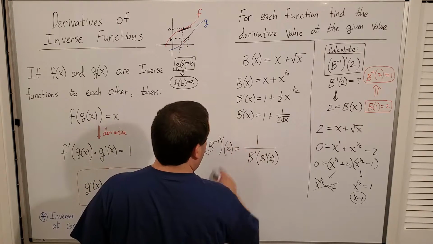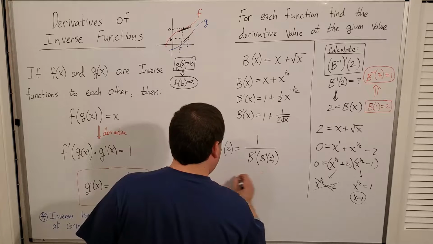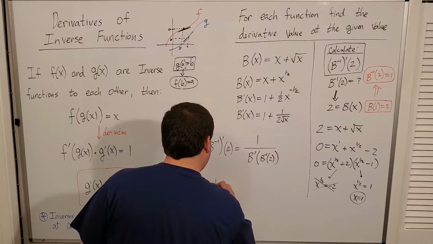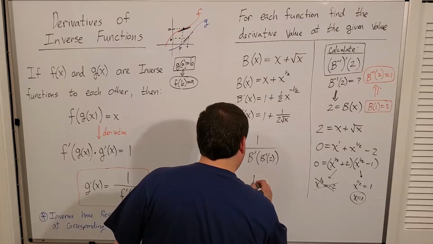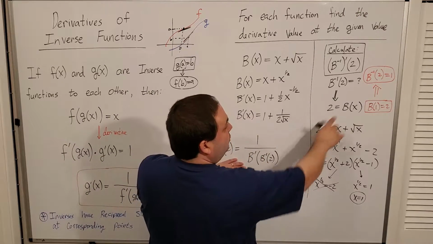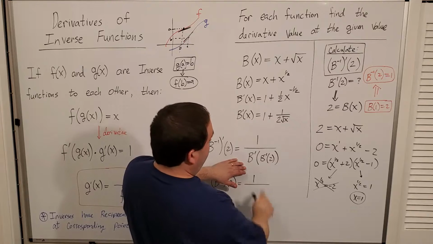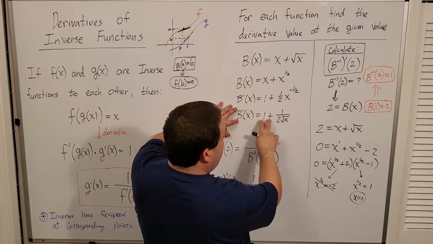So then from this formula, the value in question, b inverse derivative at 2, is going to be equal to 1 over, okay, so what's b inverse of 2? We know it's 1. And then b prime is this calculation here.